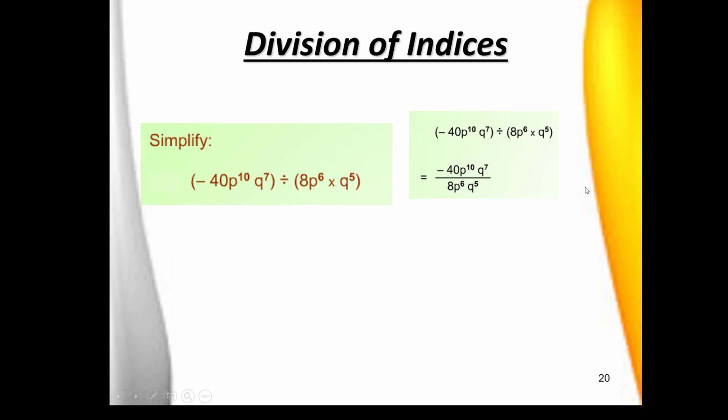So what you do is you group all the numbers together, you group all the p together, you group all the q's together, and then you simplify and you get your answer of -5 p power 4 q power 2. So do it in a very organized way. Put the numbers together, put the same type of letters together. So p with the p, q with the q, then you will not be wrong.